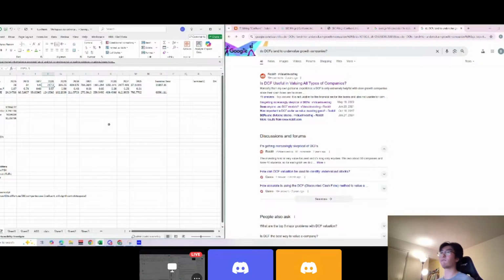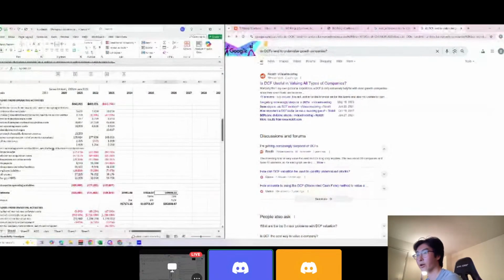Okay. 1.75. What do we need to get, right? Okay. So 4 billion in free cash flow by 2035. Is that possible? What do we have forecasted in?